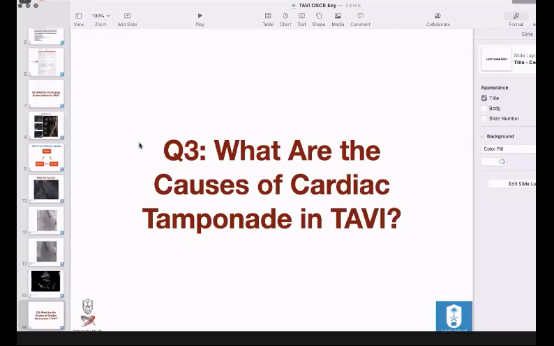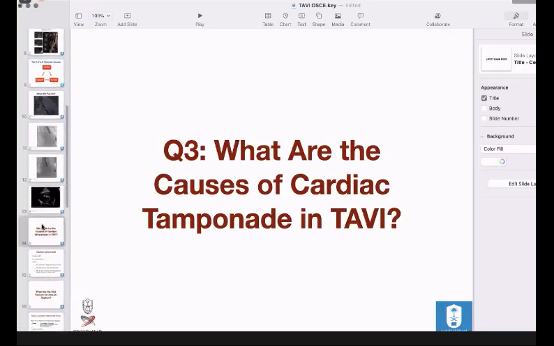And plus wire perforation. Okay. Well, that's it.